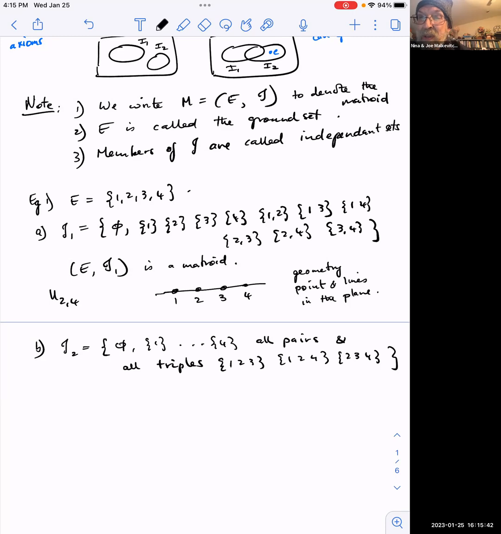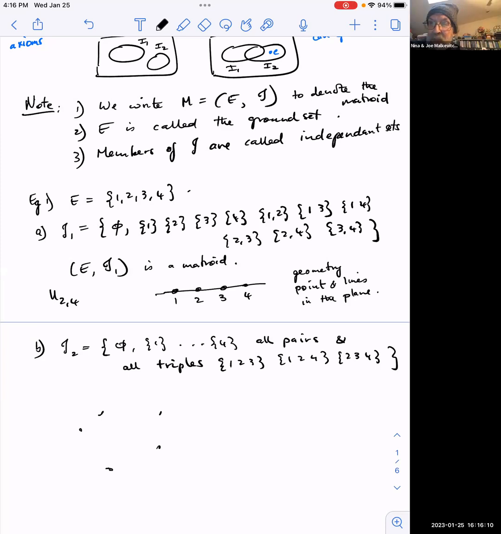So, are you saying that the line determined by 1, 2 and the line determined by 3, 4 in the picture, they look like the same line, but am I supposed to think of them as two lines? Is that what you're saying? No, it's just one line. If you have a bunch of discrete points in the plane, every pair of points determines a line, right?